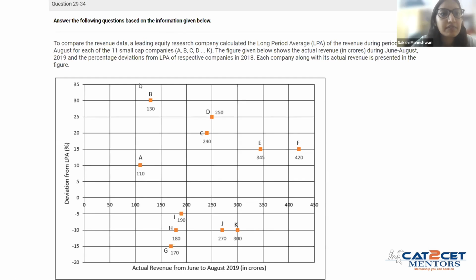So for this question, it's given that to compare the revenue data, a leading equity research company calculated a long period average. This is calculated for 11 companies, and the figure shows the actual revenue in crores during June to August of 2019, and the percentage deviations from this long period average for the actual revenue.